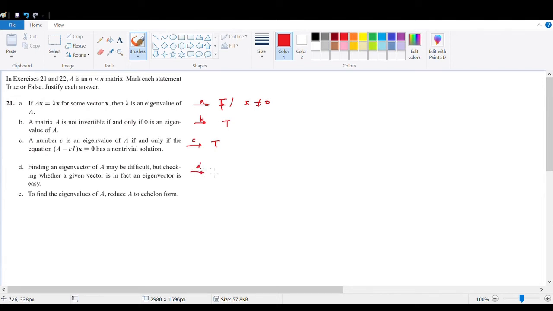So D is true. Now for E, to find the eigenvalues of A, reduce A to echelon form. This one is false because it is not the way. So E is false.